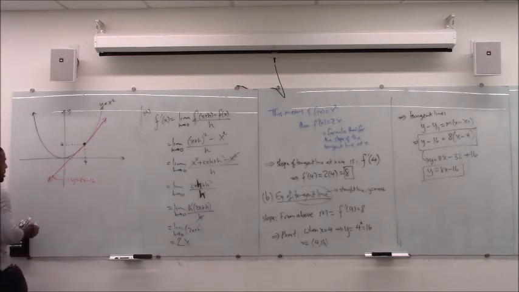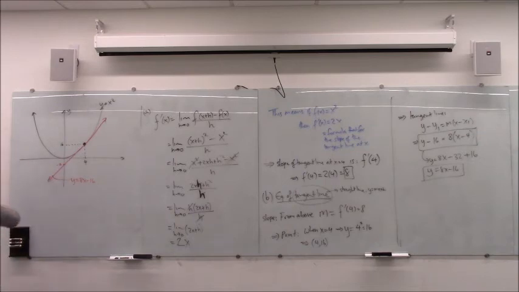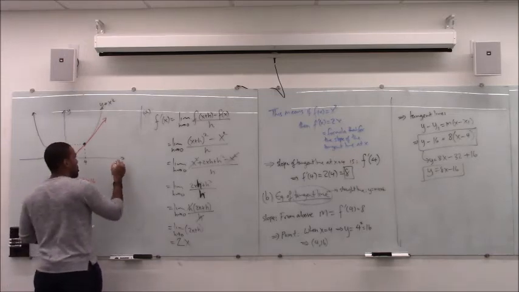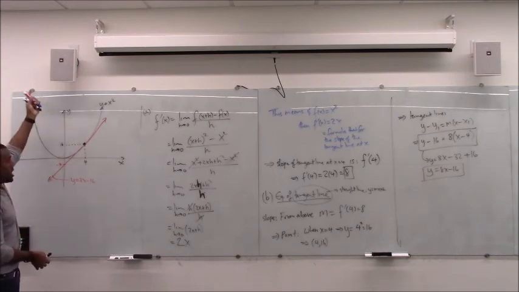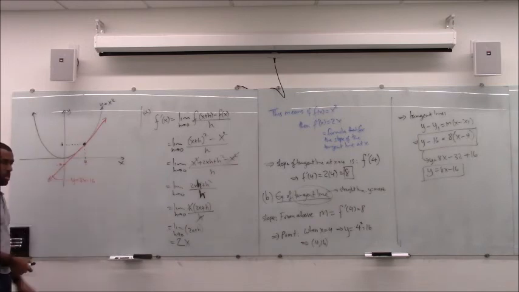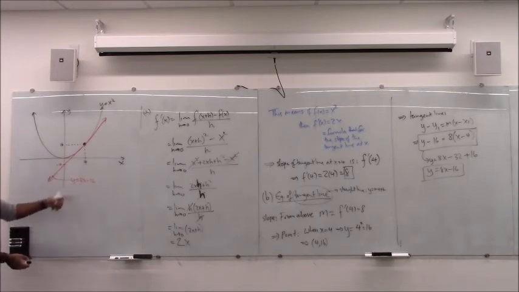This line is going to pass through minus 16 with positive slope 8. And again, interpretations can vary here based on the situation. If I were to say y is measuring distance in miles, x is time in hours, another way I can interpret this is that after 4 hours, this object will be traveling at 8 miles per hour.